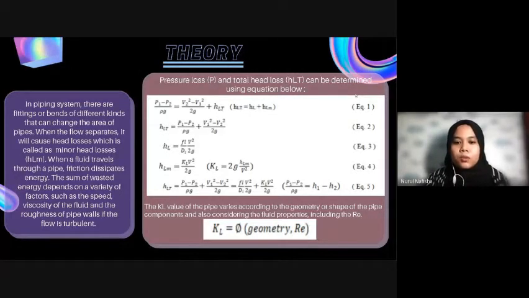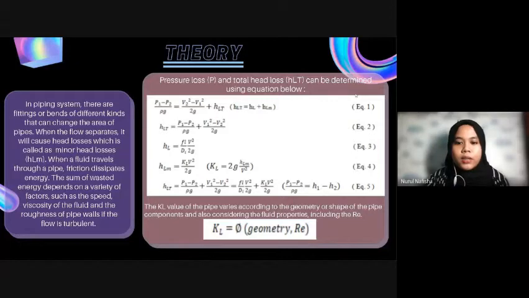By the flow separation, the 2 points for the horizontal pipe, which is Z1 equals Z2, can be simplified using the Bernoulli equation, and hence the pressure loss and the total head loss can be determined using the equations below. For equation 1, the differential in pressure divided by the density times the gravity constant equals the change in velocity squared plus total head loss, where the total head loss is calculated by adding the major and minor head loss.